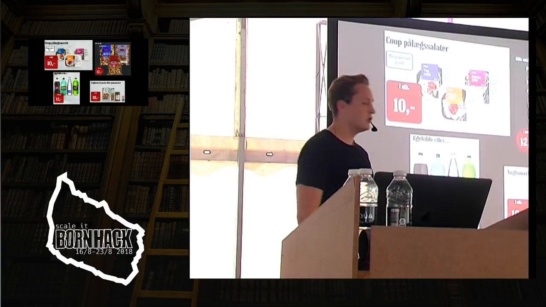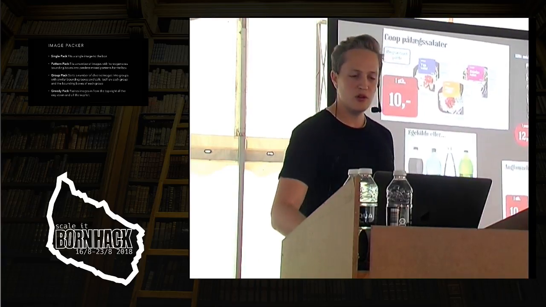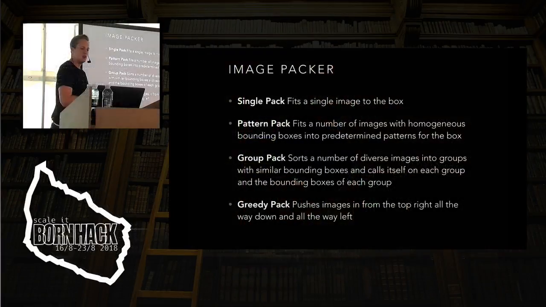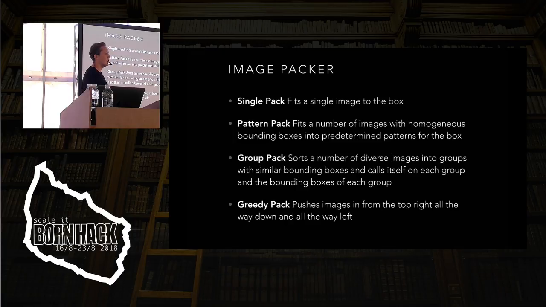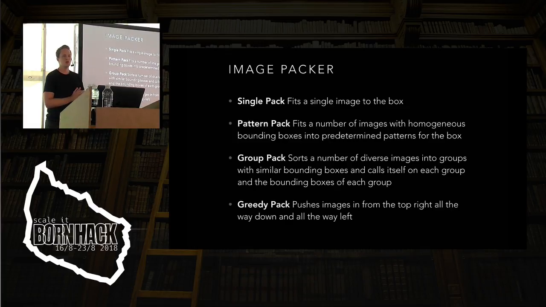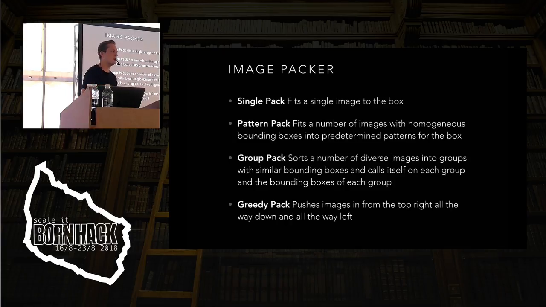So what we do, or what Jonas did in this case, is we have 4 different strategies for how we pack an image or a set of images into a box. The first thing we do is look at the number of images. If there's just a single image, we just put it in the middle and that's it.